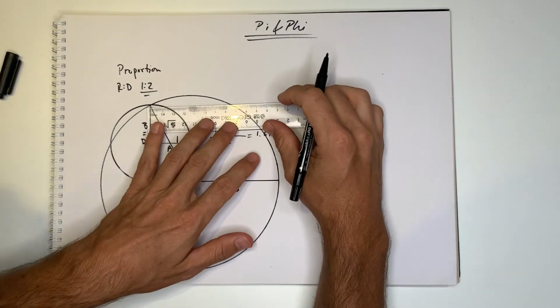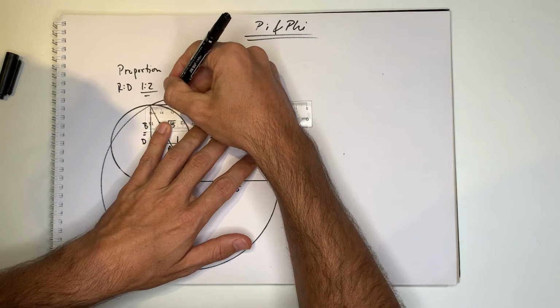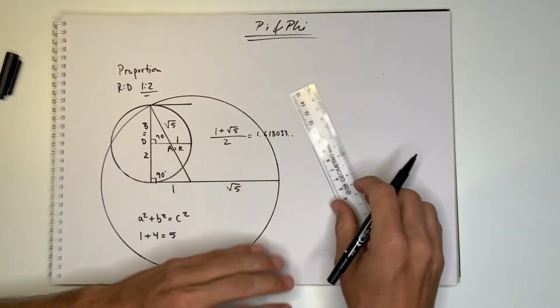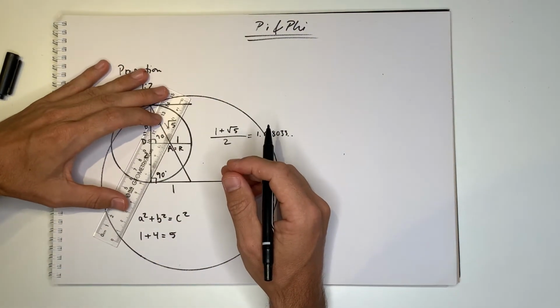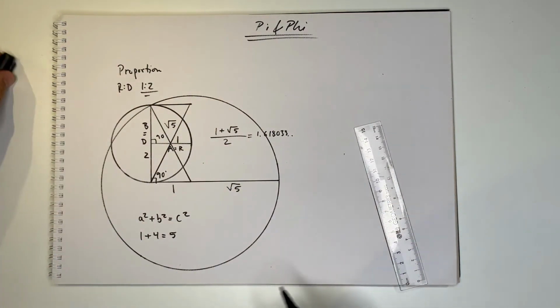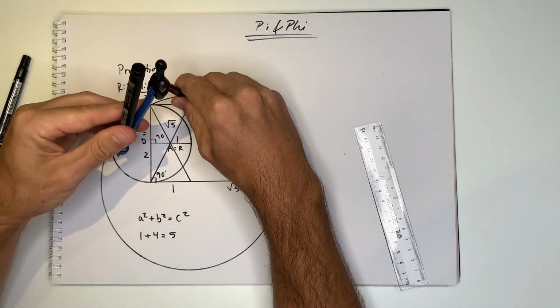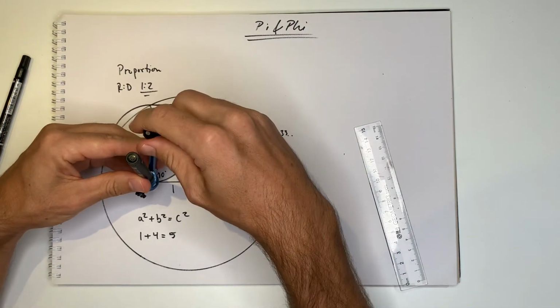So I want to make a golden rectangle from here. Then I add the radius up there instead. I do like this. There we go. I do the same procedure but in reverse.